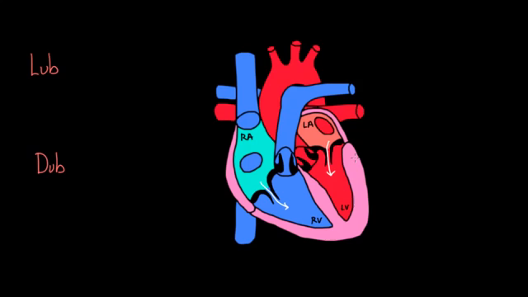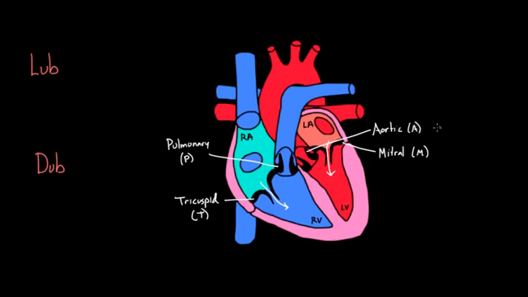Now, to get the blood into those ventricles, the valves had to open. Specifically, let's label all the valves now. Here you have our tricuspid valve, and I'm going to label that as just a T. Then up here, you have the pulmonary valve, and this will be just a P. On the other side, you've got the mitral valve, which separates the left atrium from the left ventricle, and you've got the aortic valve.